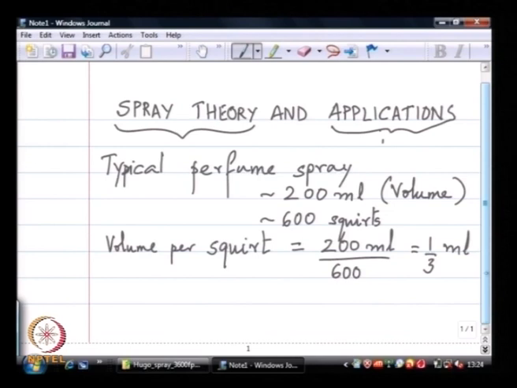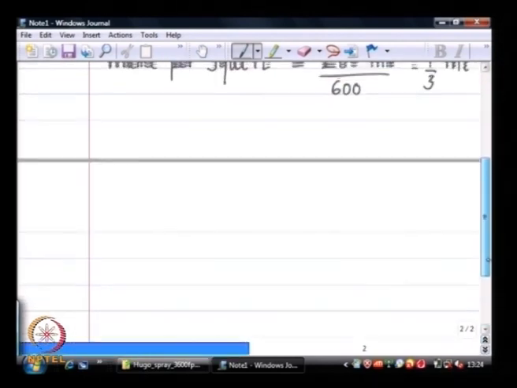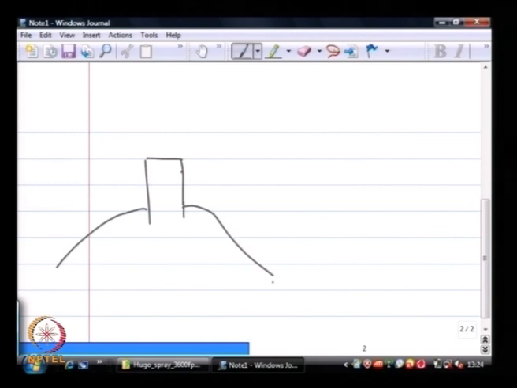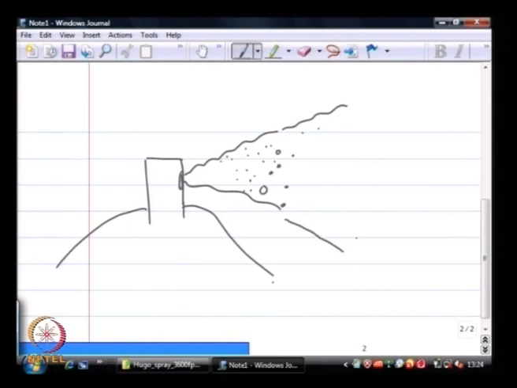Okay. Now, again from common observation we know what this looks like. So, here is your plunger, this is the rest of the bottle that is usually fairly artistically shaped, and there is a tiny hole from which you get your spray. The spray itself is a collection of drops, some big, some small, but there is a general periphery of sorts.